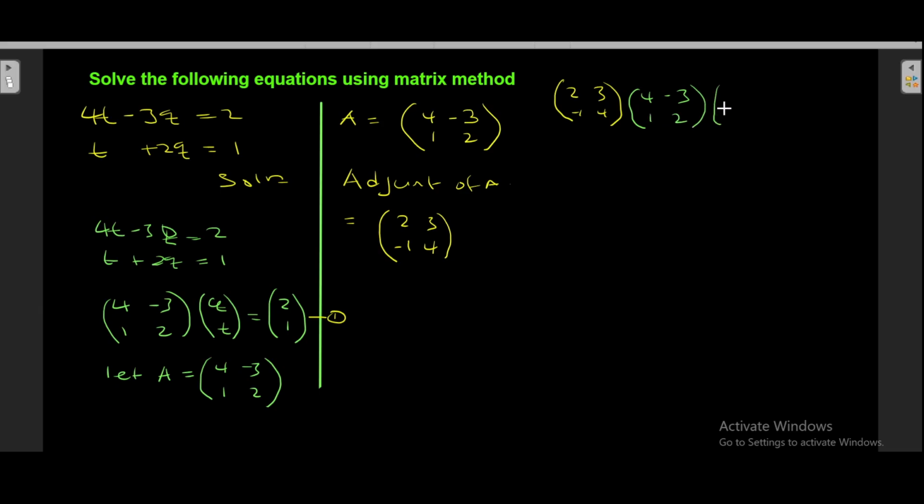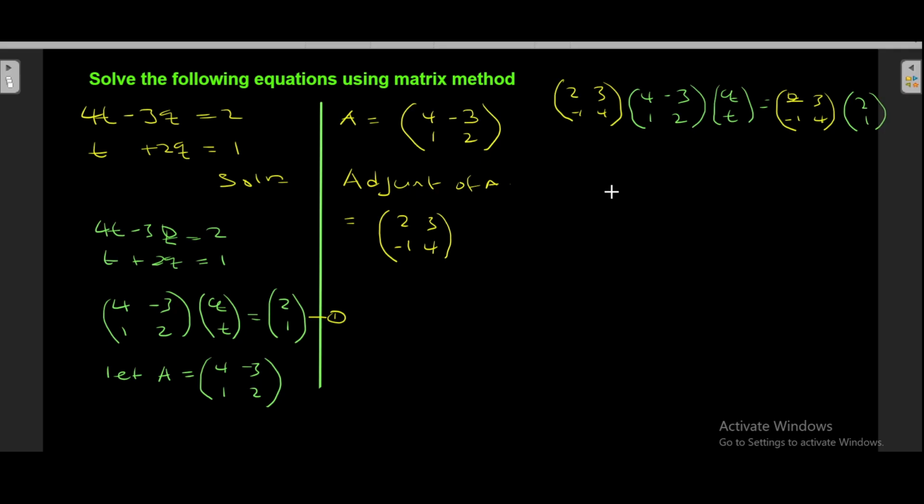Then I have my unknown which is q and t, it equals 2. Then I'll multiply the adjoint on the other side of the expression. Here this is the same as 2, 3, negative 1 and 4, close the bracket. Then I'll multiply it with the matrix there, which is 2 and 1.